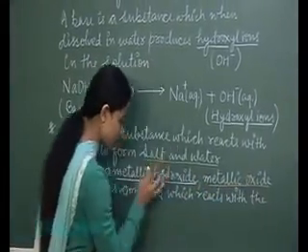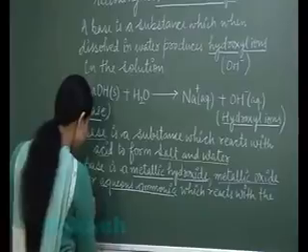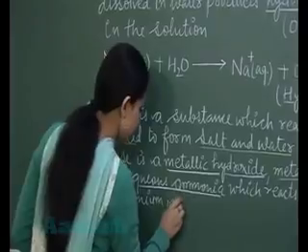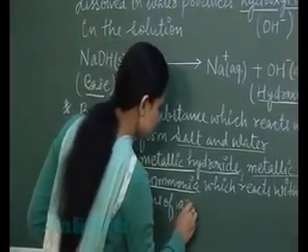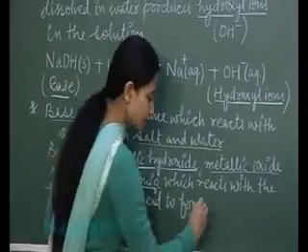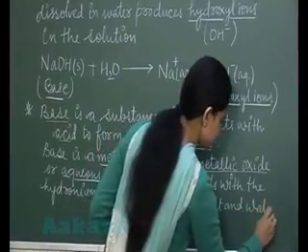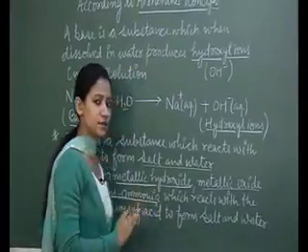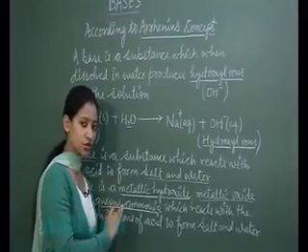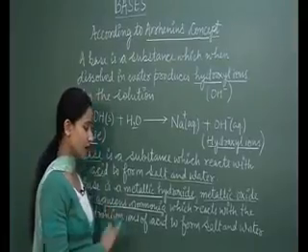It can be aqueous ammonia also because it reacts with the hydronium ions of acid to form salt and water. So when we say that base is a substance which reacts with acid to form salt and water, through this definition, base can be a metallic hydroxide, it can be a metallic oxide, or it can be aqueous ammonia.